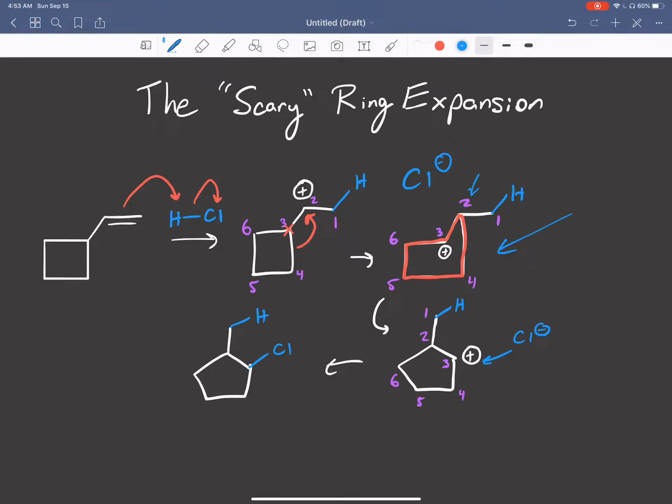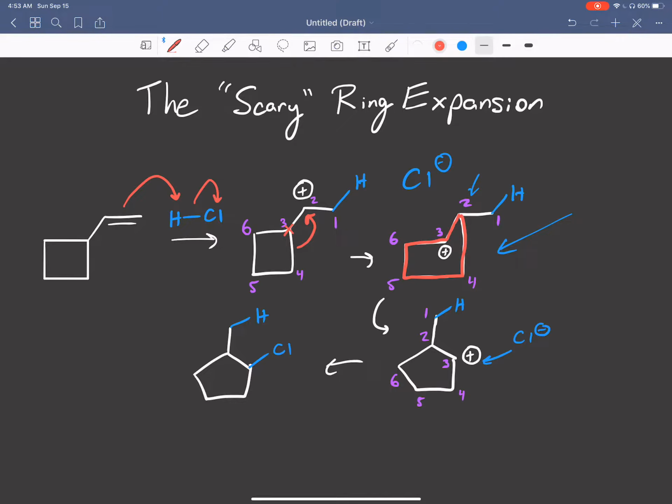Now, just one quick thing. If we look at where our original carbocation was, it's on a secondary carbocation. If we look at where it ended up, it's on another secondary carbocation. Now, the reason that this occurs, even though the carbocation is the same stability, is because of the overall stability of the molecule. 4-membered rings are not stable.